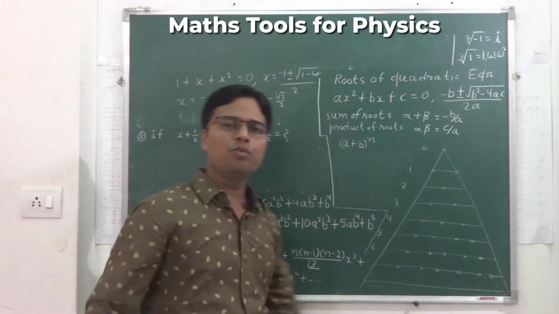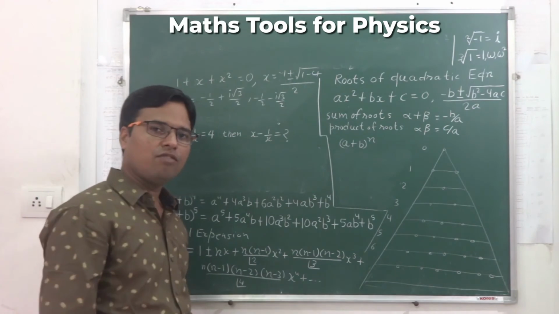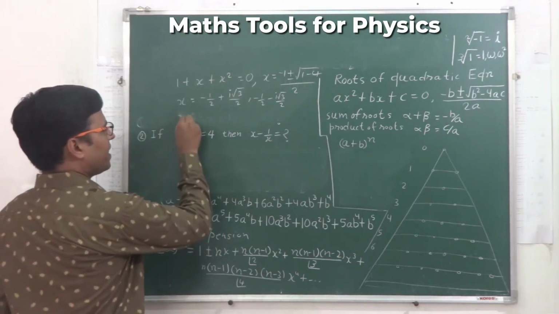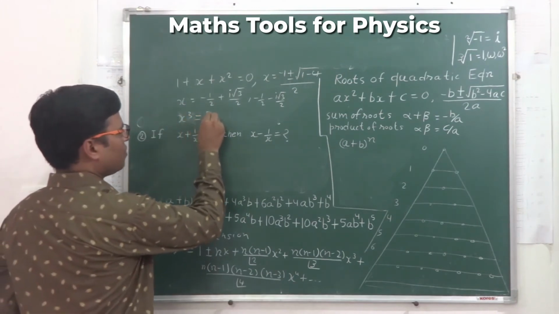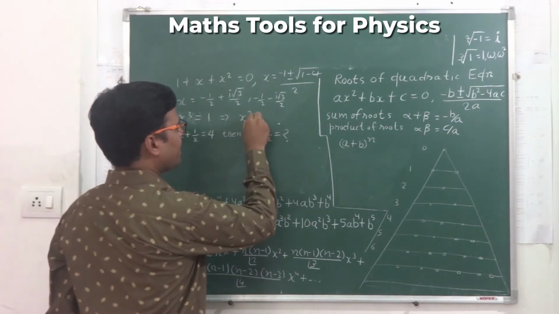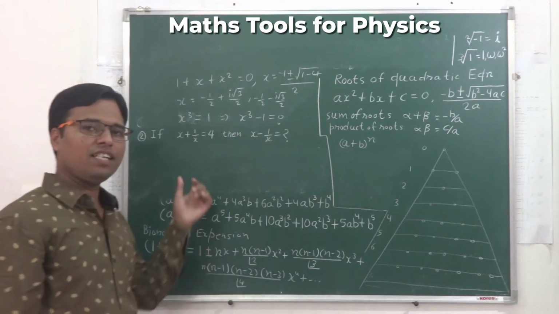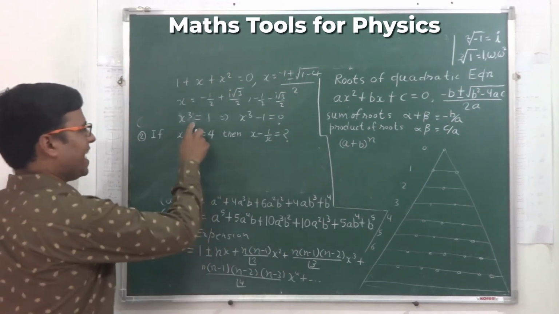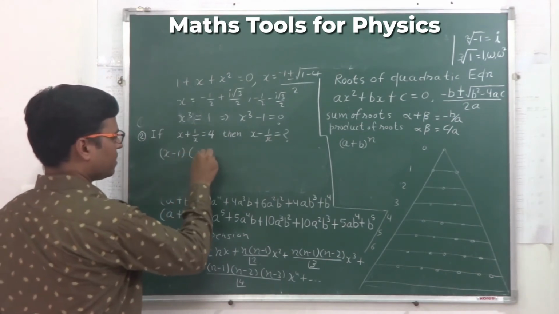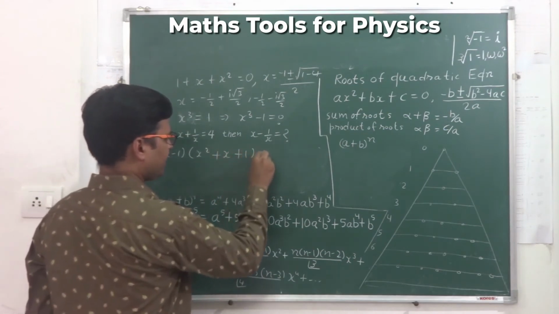Now, if we want to calculate the cube root of 1, we can write here x cube is equal to 1. In the next step, we can write x cube minus 1 equal to 0. But using a formula, we can expand this equation: x minus 1 times x square plus x plus 1 is equal to 0.